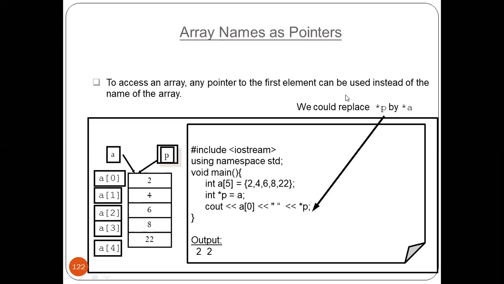Initially we used star a, but here we refer to star p. Star p holds the value of a, so ultimately it is star a only. What does it mean? For the same memory location, that is a of 0, we have two different pointers, right?